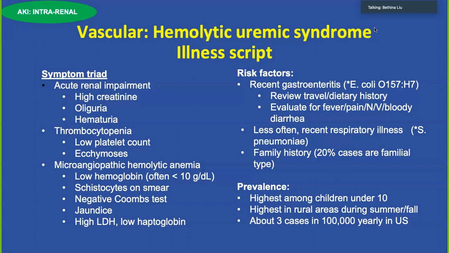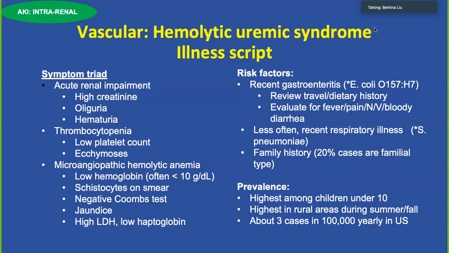Thrombocytopenia may manifest as ecchymoses, and the MAHA, usually you would need to rely on labs, but you may notice jaundice in the patients. And so on labs, you would see low hemoglobin, schistocytes on a peripheral blood smear, a negative Coombs test, as well as high LDH and low haptoglobin, indicating hemolysis.